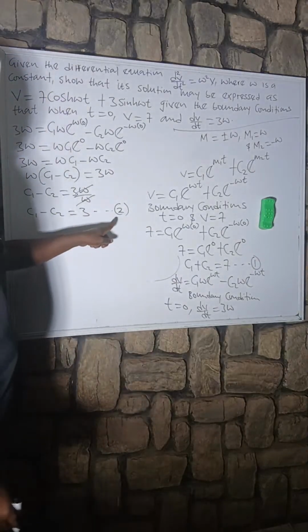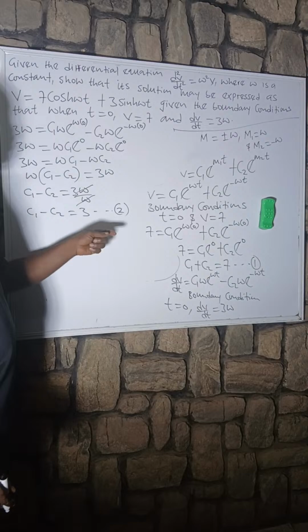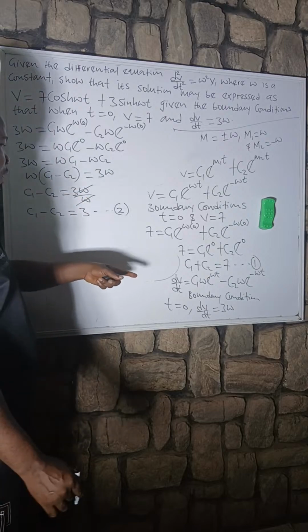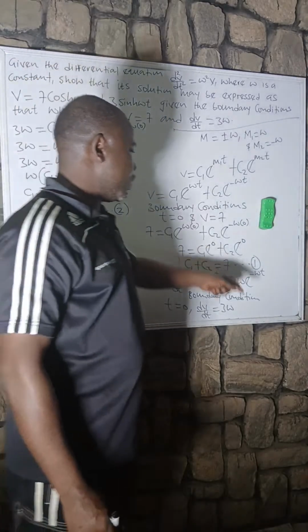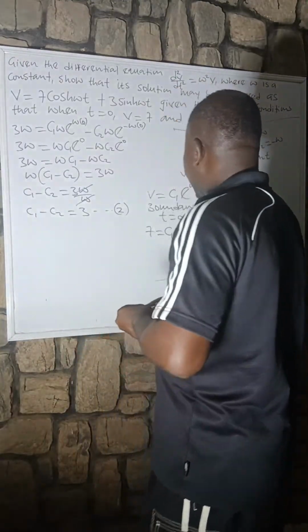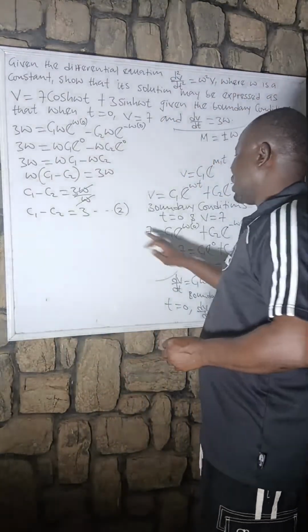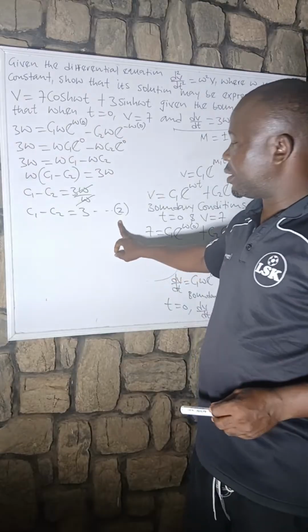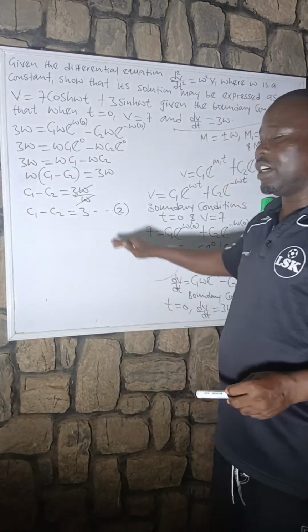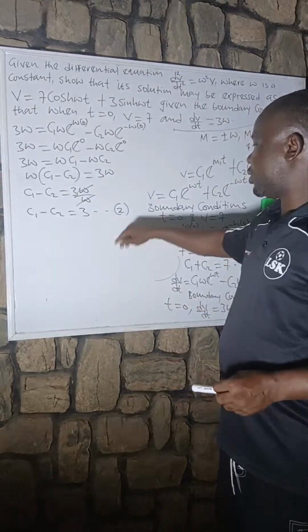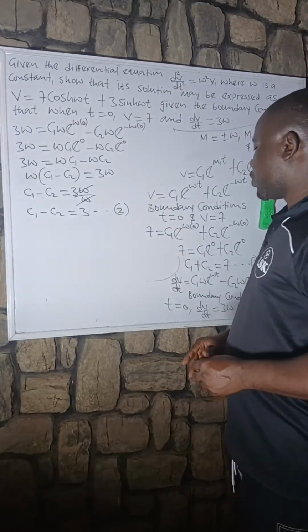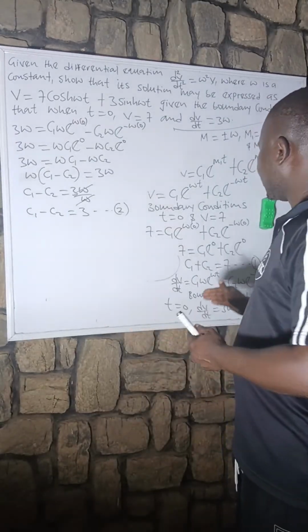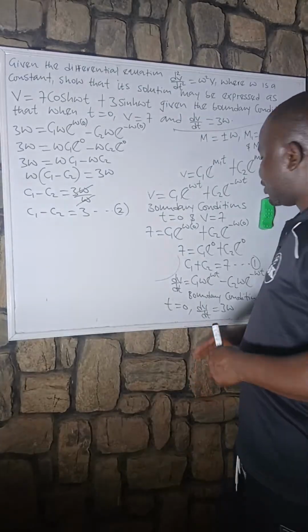So for us to obtain either c1 or c2, let us use simultaneous equations. Let us solve equation 1 and 2 simultaneously. Is that clear? If we can solve equation 1 and 2 simultaneously, it means we can obtain one of the unknowns, either c1 or c2.